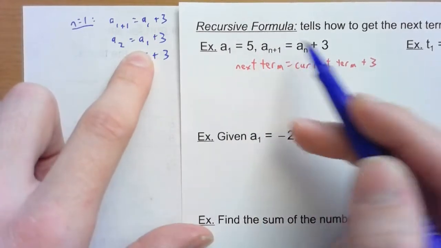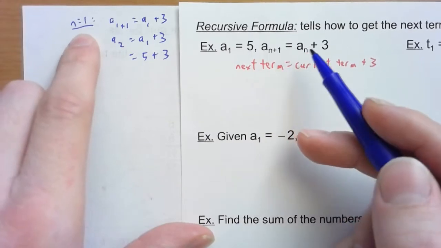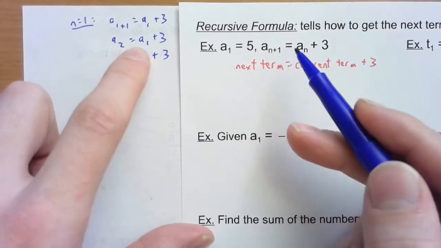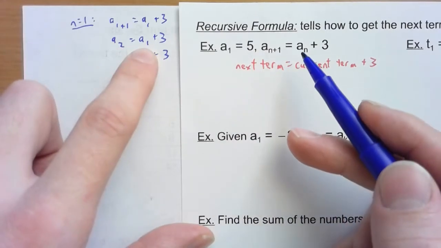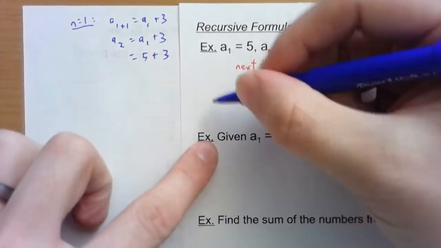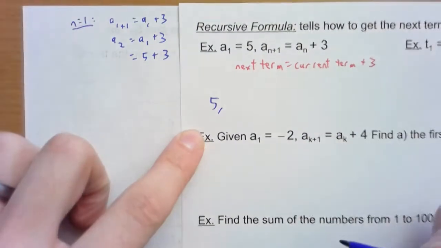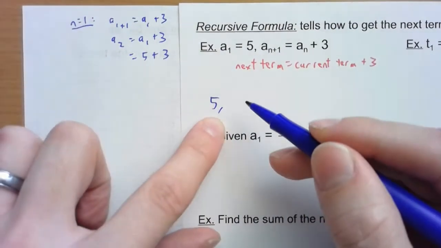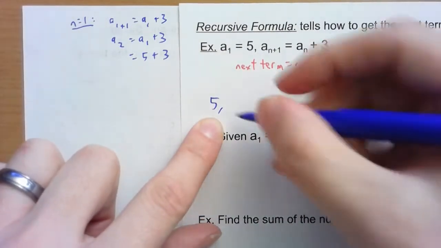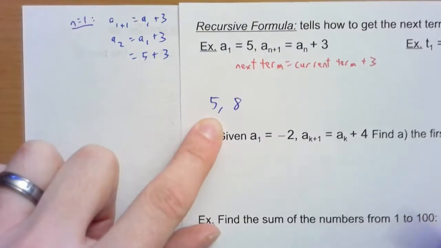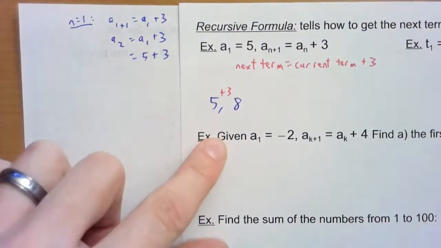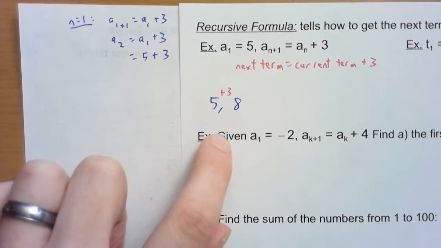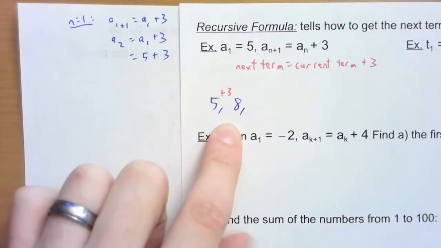So this formula right now, if I make n be 1, tells me that a sub 2 is a sub 1 plus 3. Right? The next term is the current term plus 3. So this term started at 5, and then to find the next one, I just add 3. Okay. I take this 5 plus 3, and I get 8. Okay, well, now I want to figure out the next one.